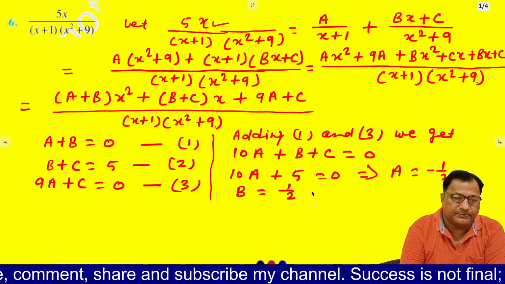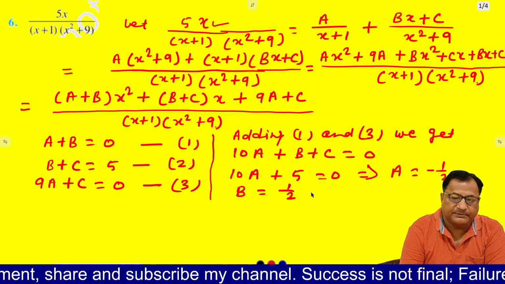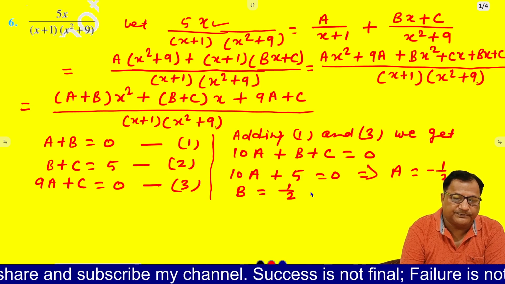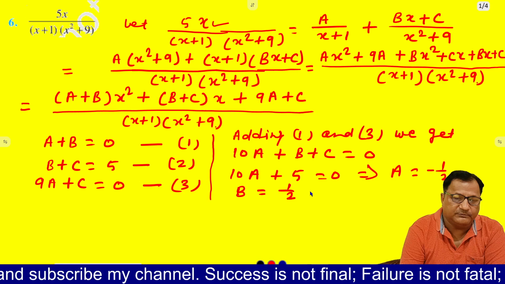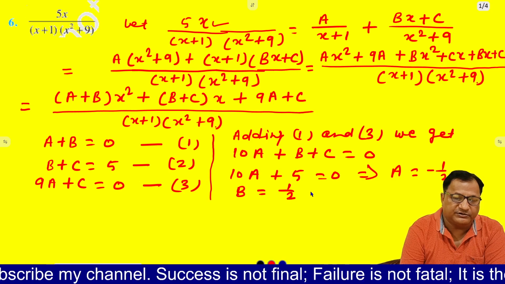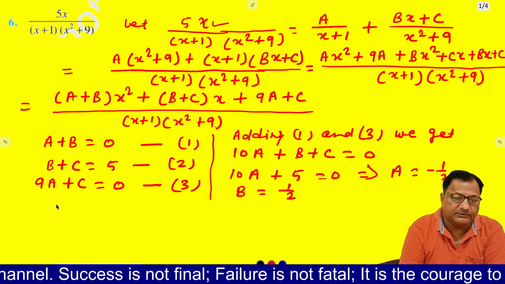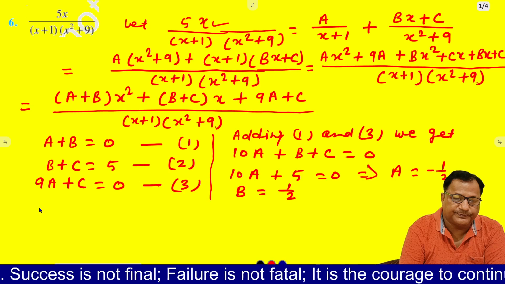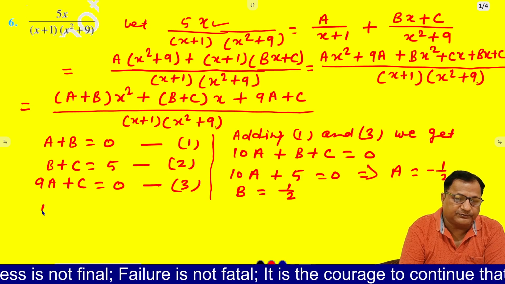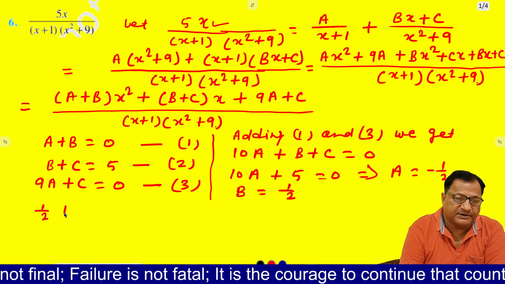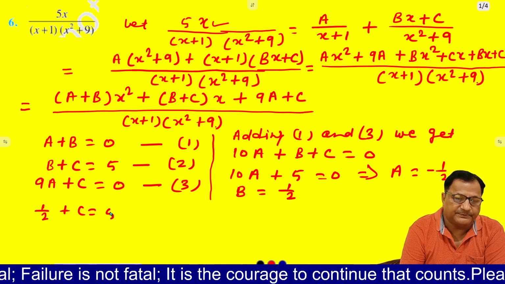Now if we put the B value in equation 2, we get 1 by 2 plus C equal to 5.